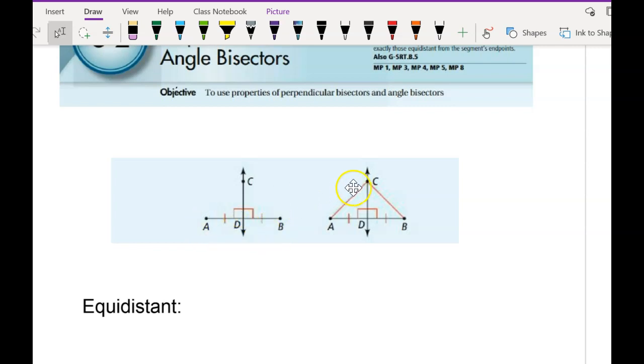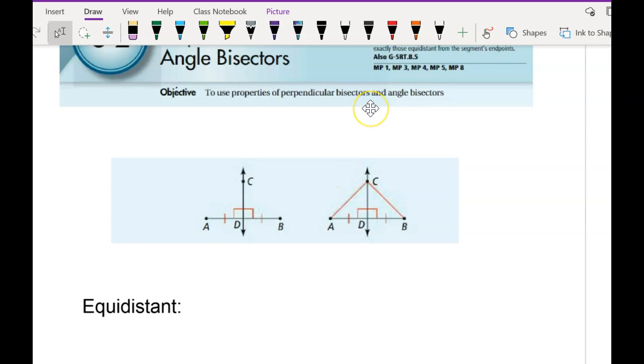So if we draw the line, so we've got line AC and we have line CB, I can take what I've learned in my previous chapters, and I know that these two triangles are congruent. So I know that triangle ADC is congruent to triangle BDC.